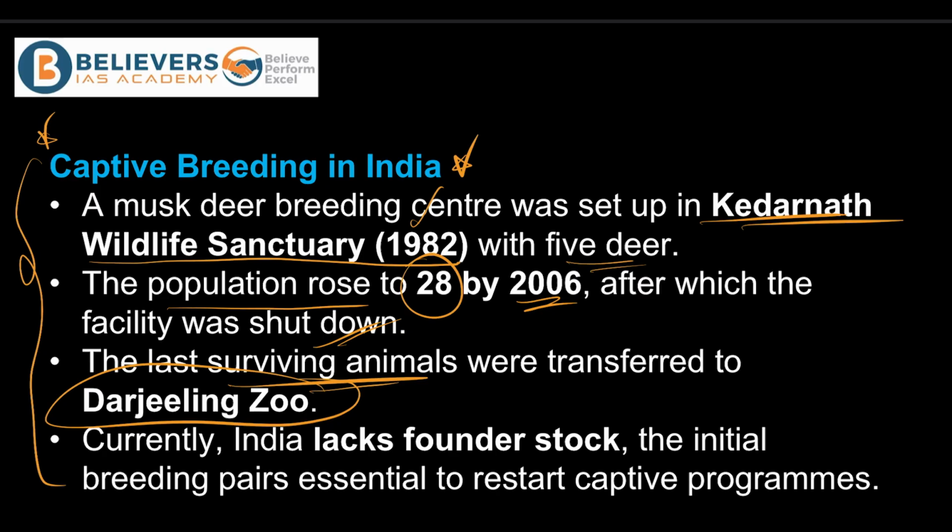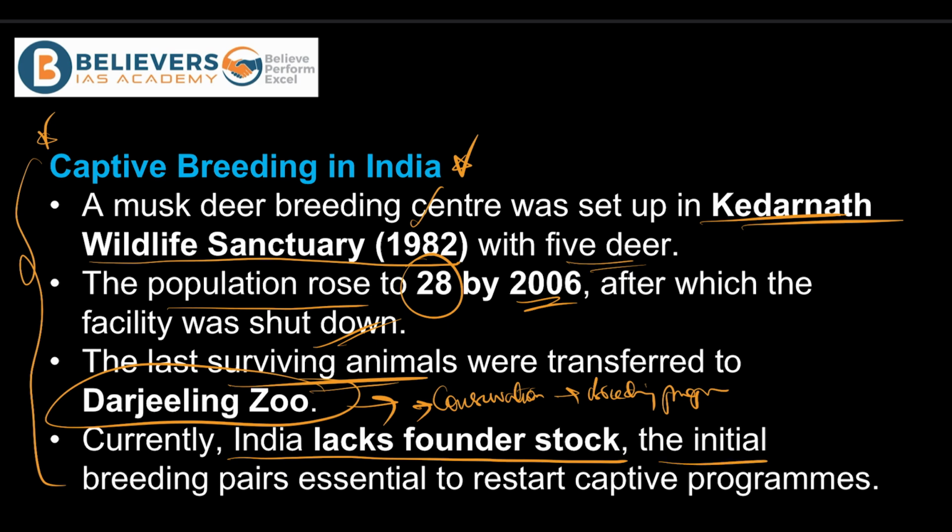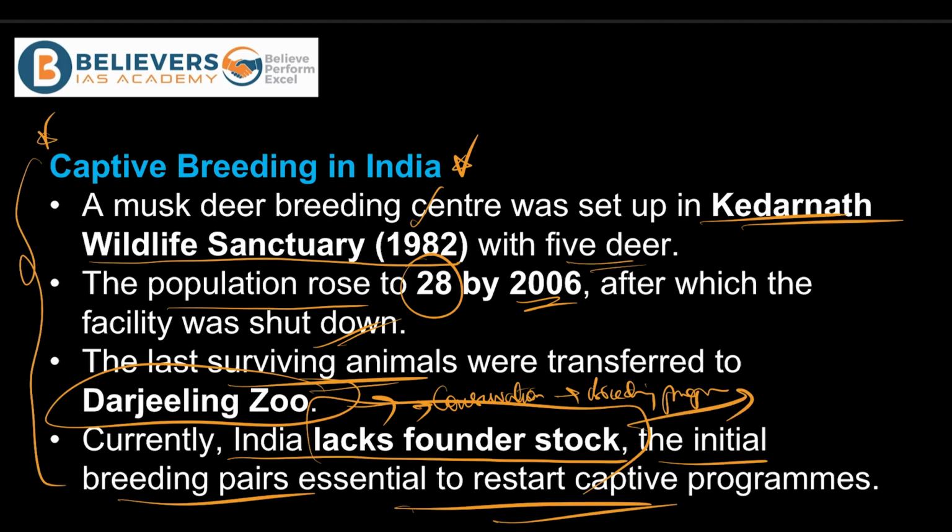And further, due to the lack of proper implementation of the breeding program which was supposed to happen, we can say that currently India lacks founder stock, which is the initial breeding pairs essential to restart the captive program. The lack of founder stock means they at least need one proper male and a female.